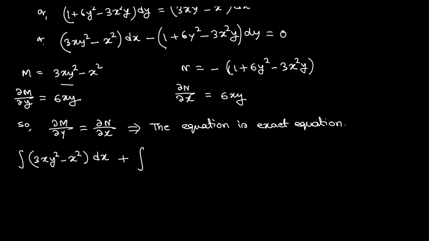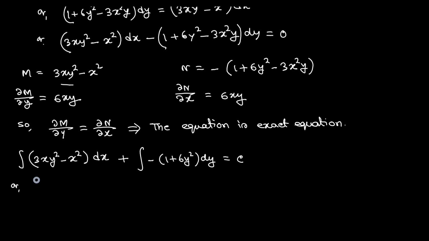You can take this 6y square, but you cannot take this part 3x square y, because here you are getting the x variable and this is in multiplication form. So only you have to take 1 plus 6y square. And here you have a negative sign, so you also have to take that. So minus (1 plus 6y square) dy is equal to c.